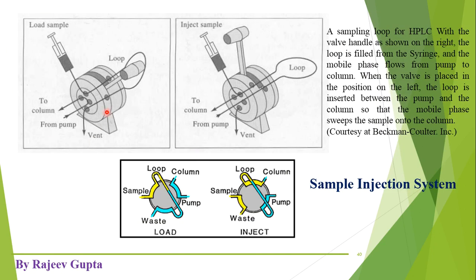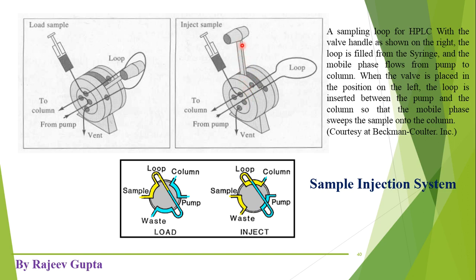Now we can observe this 3D diagram of this sample injection system, in which we can see the valve handle on the right hand side. The loop is filled from the syringe.